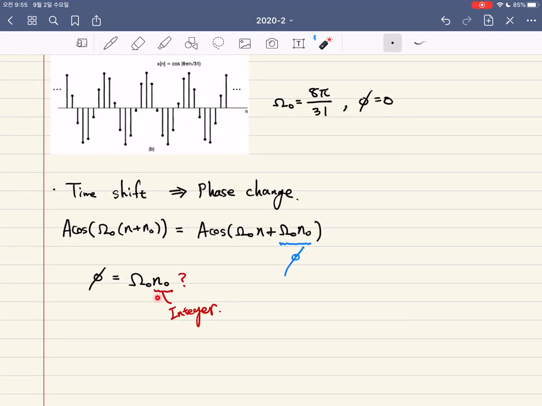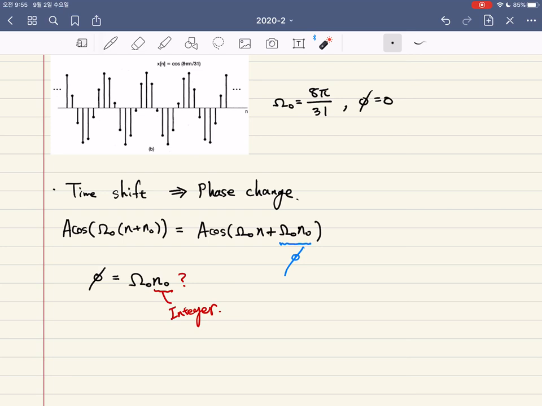Then the phase you change must equal omega 0 times an integer. But there's no guarantee of that if you produce whatever amount you want.